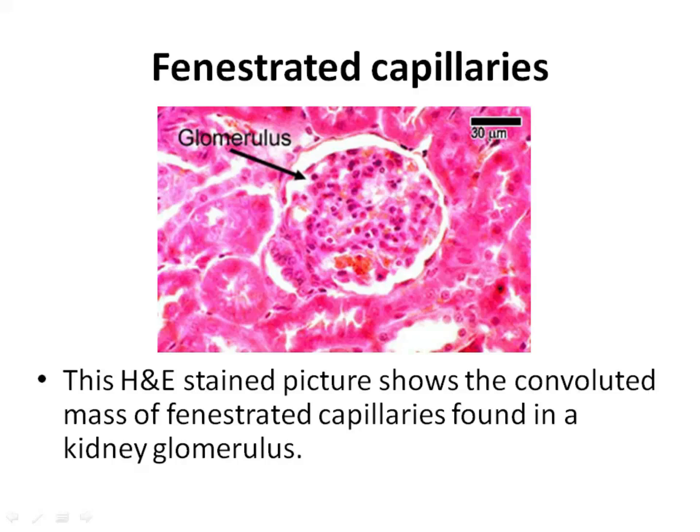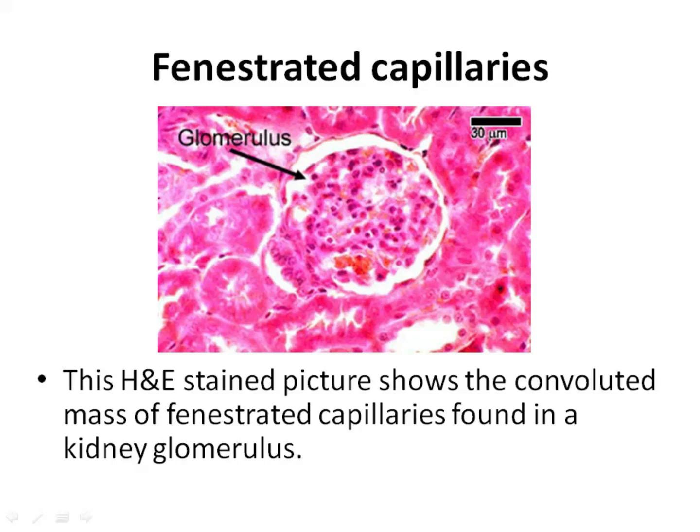Through this glomerular capillary, all that blood except RBC oozes out into the Bowman capsules, which is then absorbed, resecreted, reabsorbed, and forms the urine. Now, these fenestrated capillaries are present in a glomerulus. Fenestrated means they have large openings in the endothelial cells through which everything except RBC passes out.